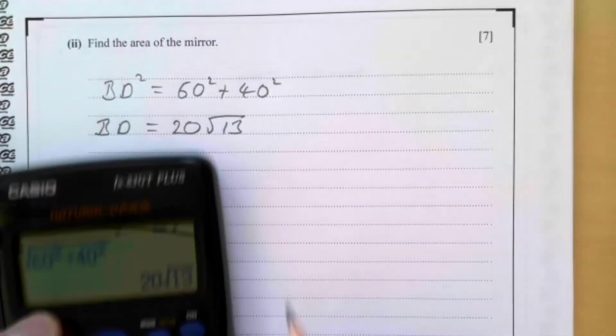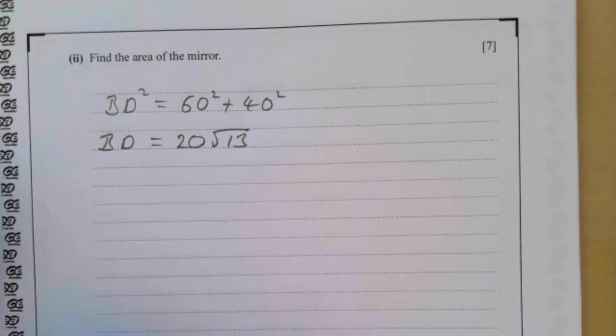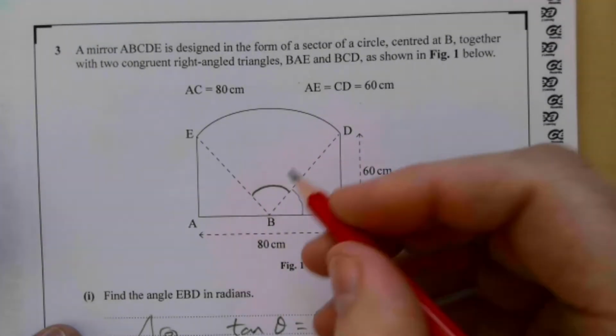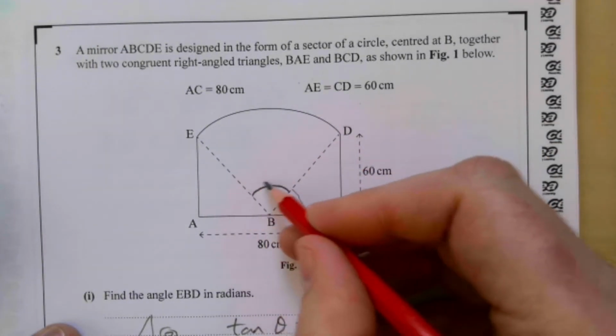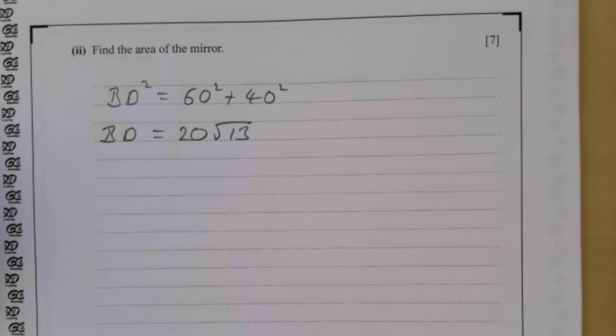You can see that okay on the calculator. Yeah. So that then as a radius, that's all we need to know then to find the area of the sector. So that's 20 root 13. That is 1.18 radians. So we're going to use our formula then.